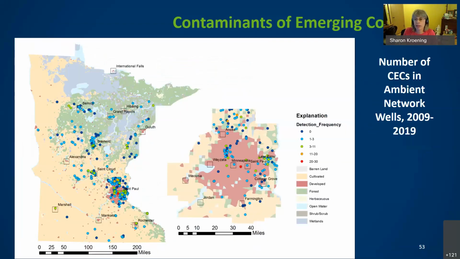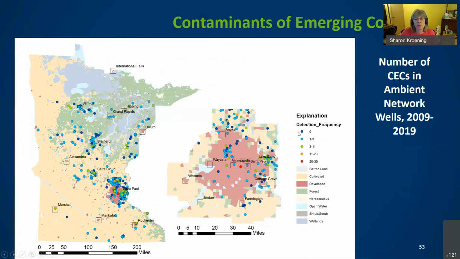This next map shows the number of CECs that we've detected in any individual well that we've tested between 2009 and 2019. As you can see, we've slowly cycled through and monitored most of the wells in our network for this suite of contaminants.